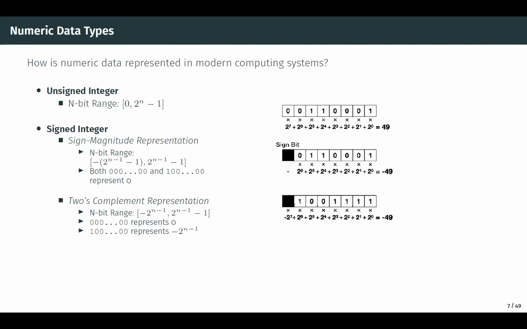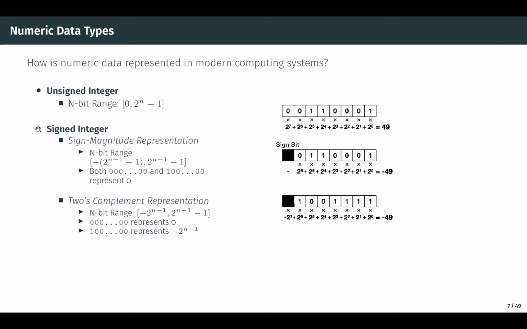We have the unsigned integer, where we can only represent positive numbers, and the n means how many bits in hardware we use to represent the number. For n bits, we have 0 to 2^n minus 1. So if we use 8 bits, like the integer 8, we can represent numbers from 0 to 255.